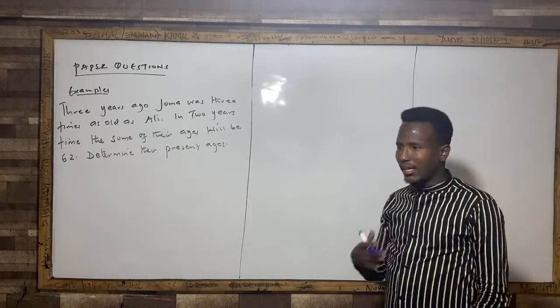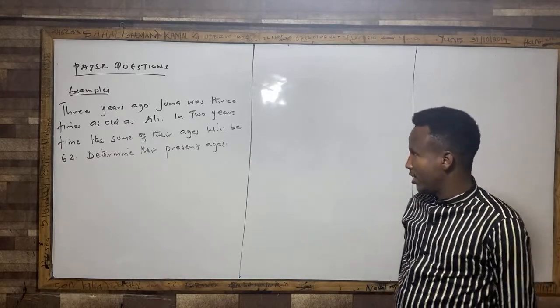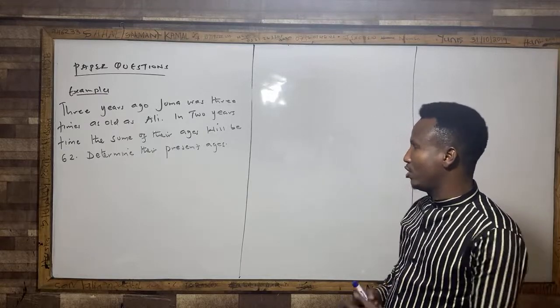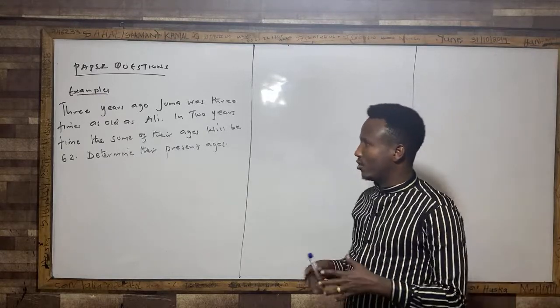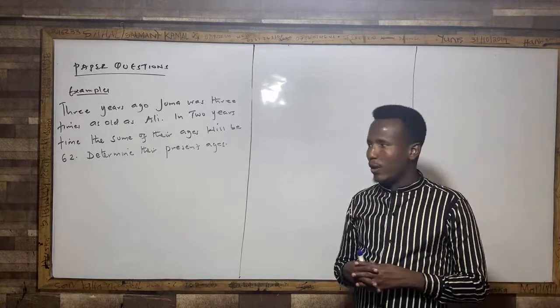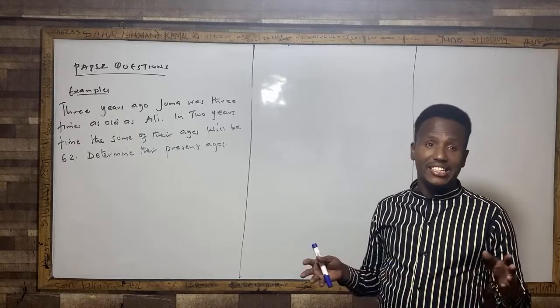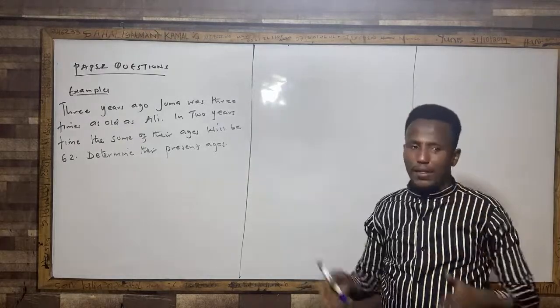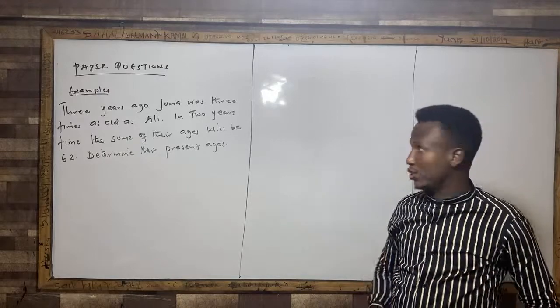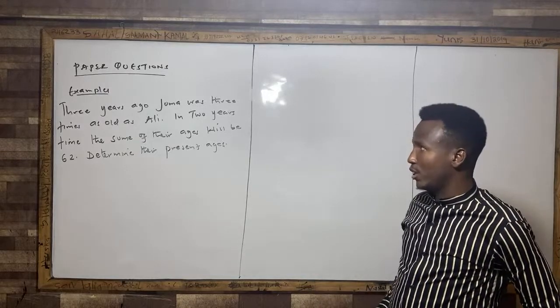Understand the nature of the question, then after that you go ahead with your calculations. You are told 3 years ago, Juma was 3 times as old as Ali. So remember, in algebra we have past questions that are related to the future without talking about the present.